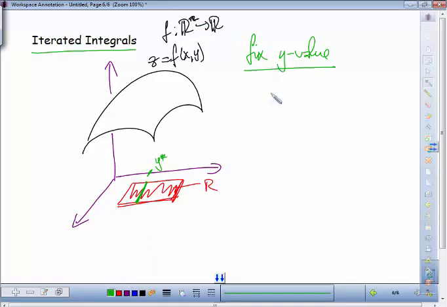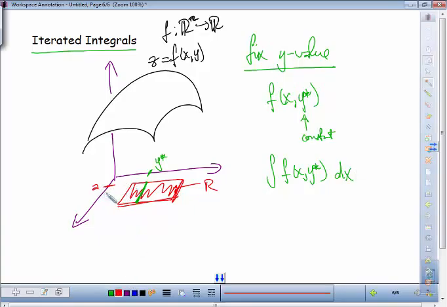So when you fix the y, then you have f of x y star, and y star is fixed now, so it's a constant. So what we can do is we can integrate f of x y star with respect to x. Since x is still our variable, we can integrate this. And let's say we're going to integrate this from a to b.